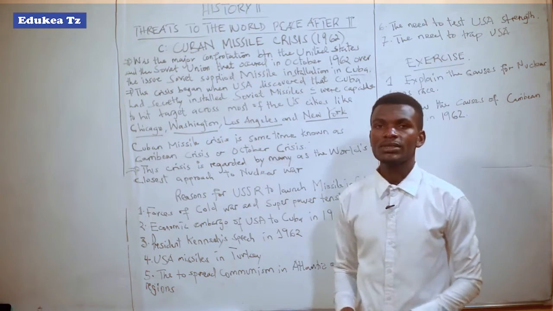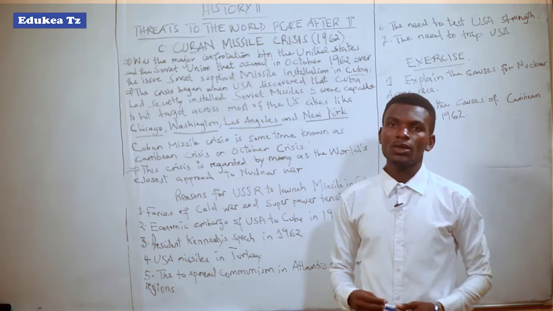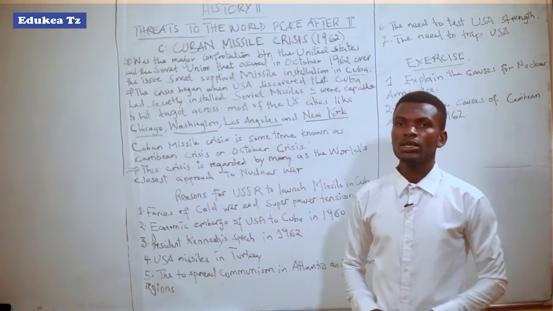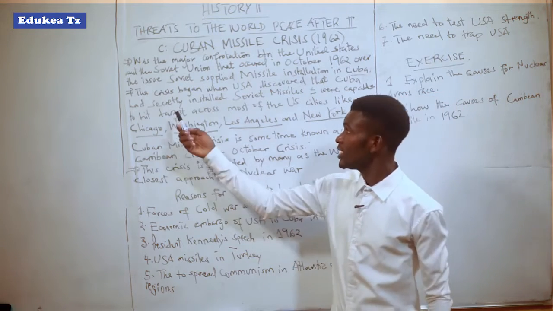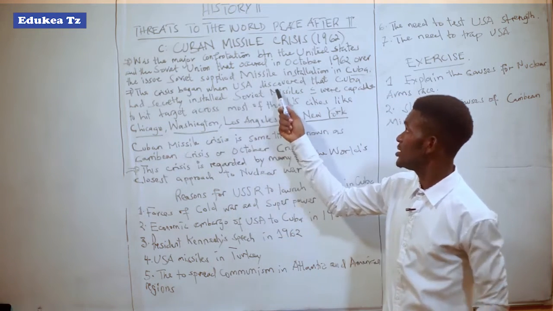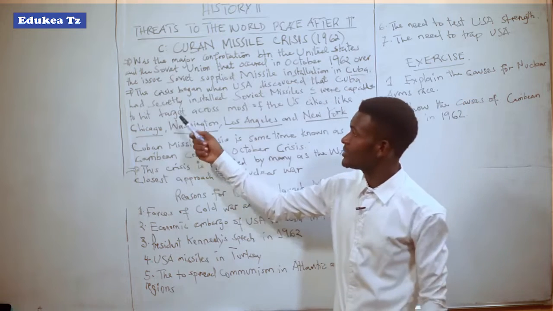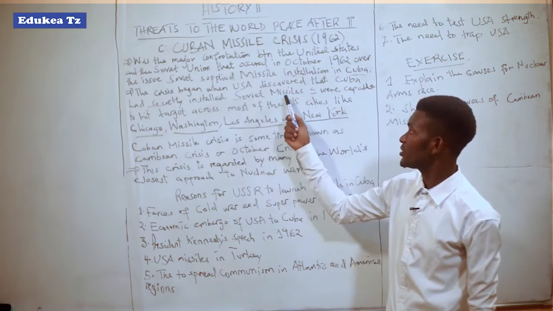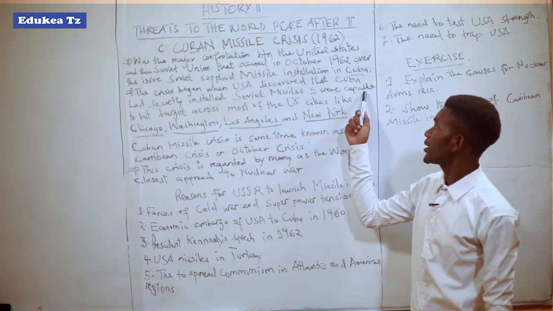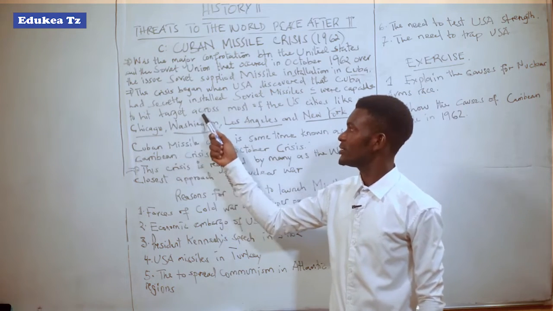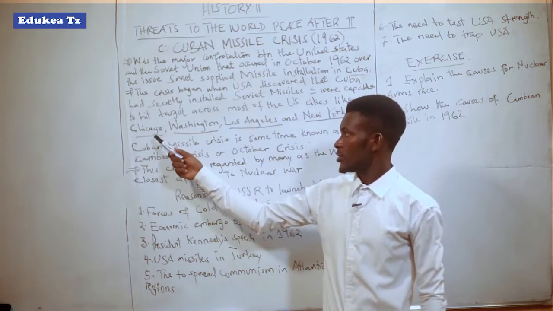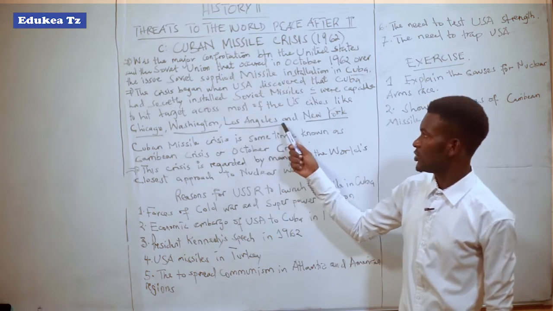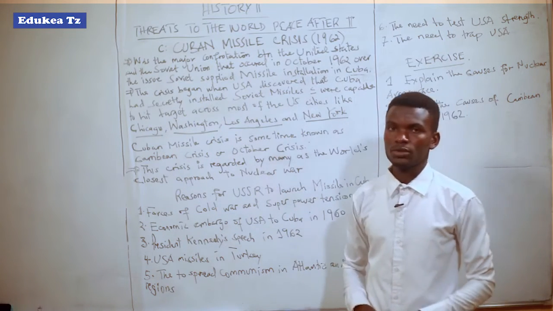It means USSR installed missiles in Cuba. The crisis began when USA discovered that Cuba had secretly installed Soviet missiles which were capable of hitting targets across most of the US cities like Chicago, Washington, Los Angeles, and New York.